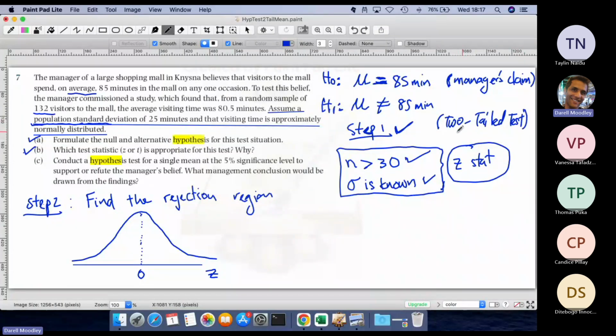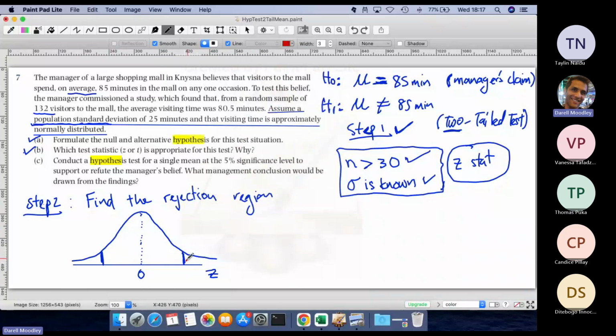Why this is important is because we are going to have two rejection regions. Because it's a two-tailed test, we are going to have a rejection region on the far right, and a rejection region on the far left. I'm going to color it in a different color.